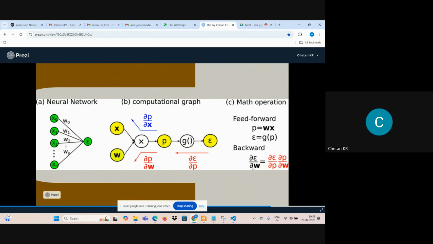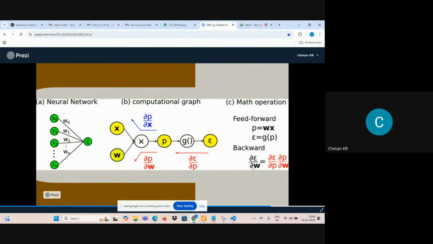Now, as you can see, the mathematics going on in the feed forward: P is equal to Wx. First, whatever inputs are there, you multiply by the weight, which decides which input has what role to play. On that, some activation function is applied, G of P, which gives us the hidden, which is epsilon.